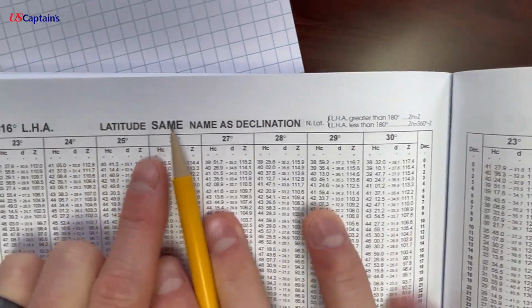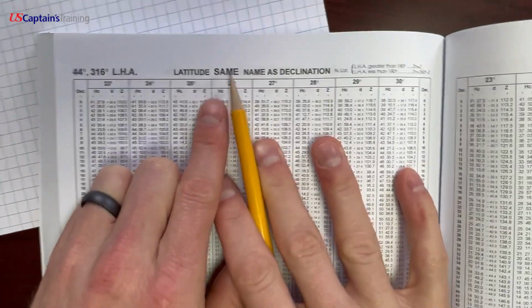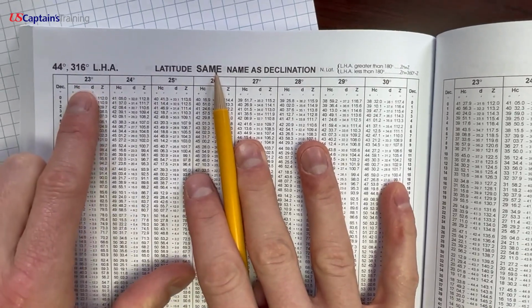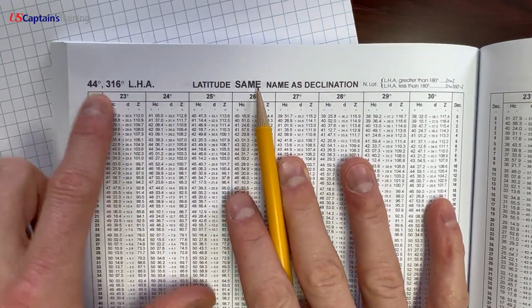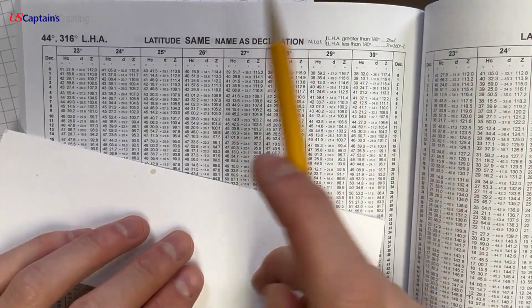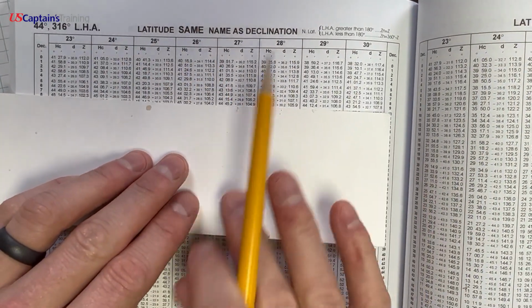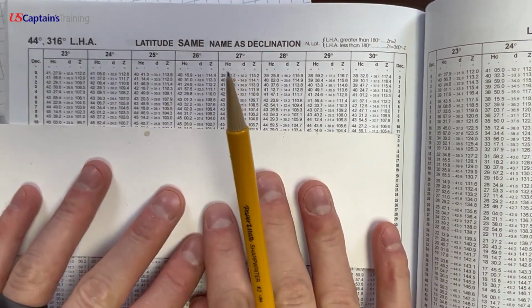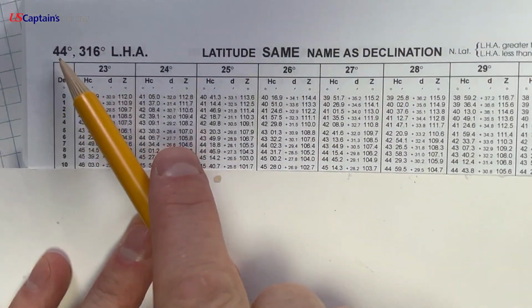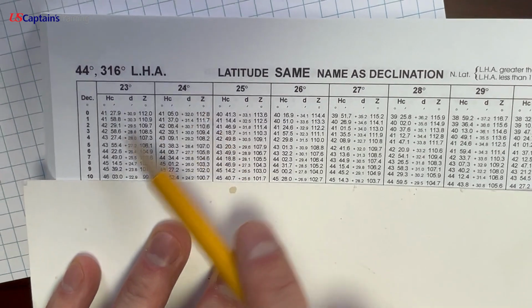We are the same because our declination and our DR latitude are both north. So we are 44, and we're looking for same 44, latitude 24, declination 10. Boom. So same 44, 24, 10.